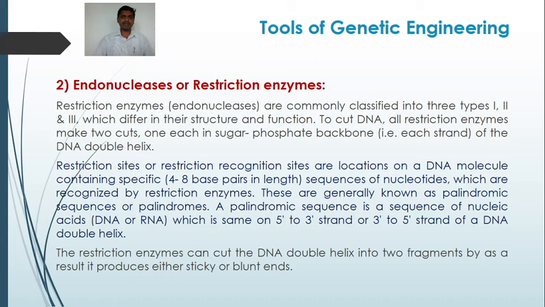The restriction enzymes can cut the DNA double helix into two fragments at the restriction site, as a result of which it produces either sticky or blunt ends.